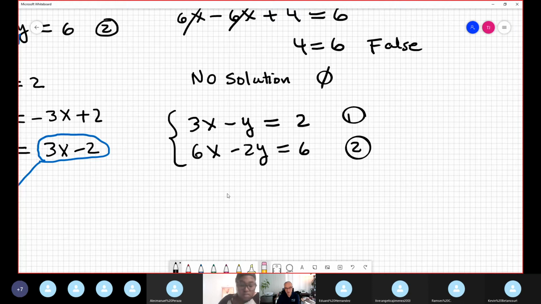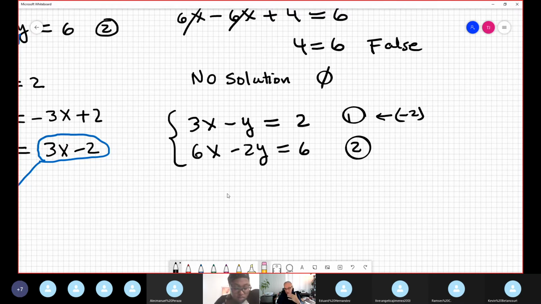Suppose I can see in equation number 2, the coefficient of y is negative 2. It would be fantastic if the coefficient of y in the first equation were positive 2. I can create that if I multiply the entire equation 1 by negative 2. If you multiply one equation by a factor, this doesn't affect the equation, so it's the same line.